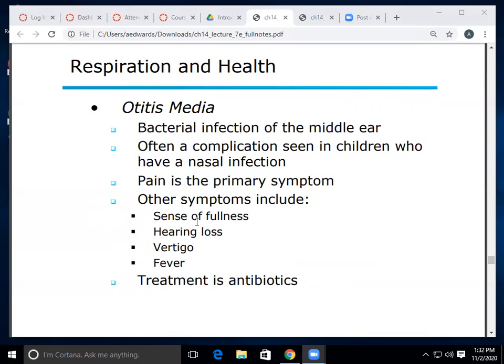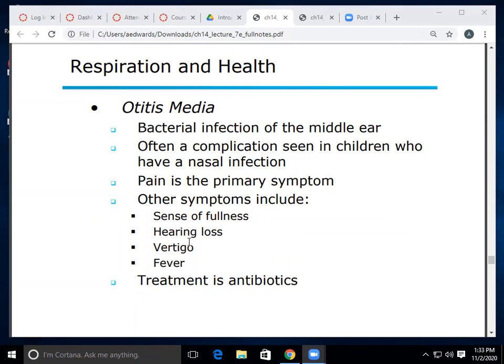Okay, otitis media. All right, it's a bacterial infection that happens in your middle ear, and it's often seen in children that have a nasal infection. So again, we talked about things spreading from the nasal cavity into the ear. Pain is what's most noticeable here.